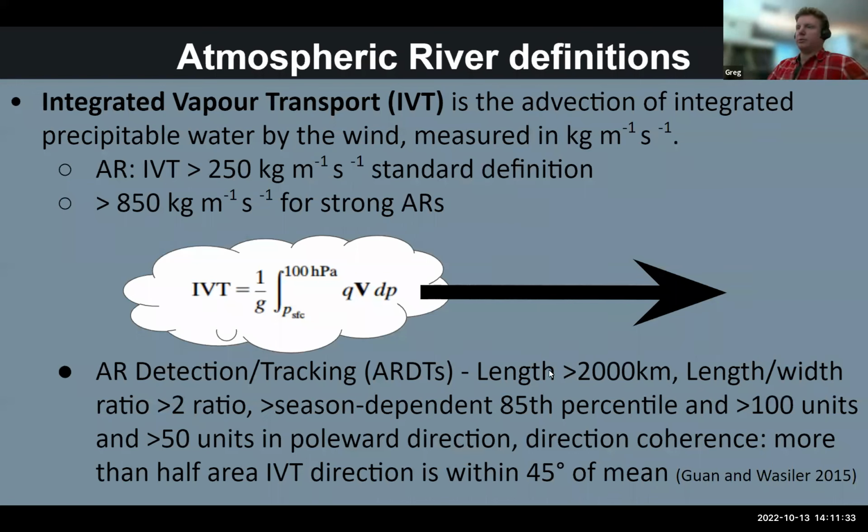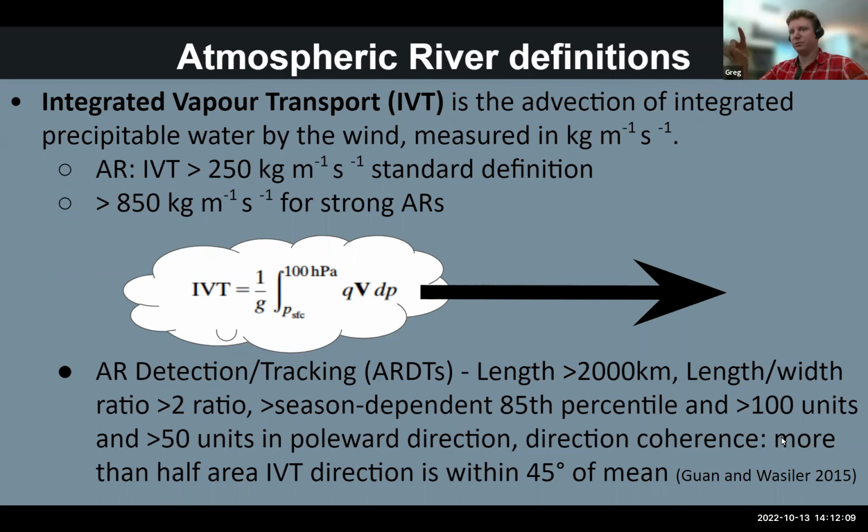So one example would be a length greater than 2,000 kilometers, a length to width ratio of more than 2. And they have a season dependent 85th percentile of vapor transport, but no matter what the season, it has to be at least 100 units and greater than 50 units in the poleward direction. And then they also have a direction coherence metric. More than half of the area of integrated vapor transport direction has to be within 45 degrees of the mean.